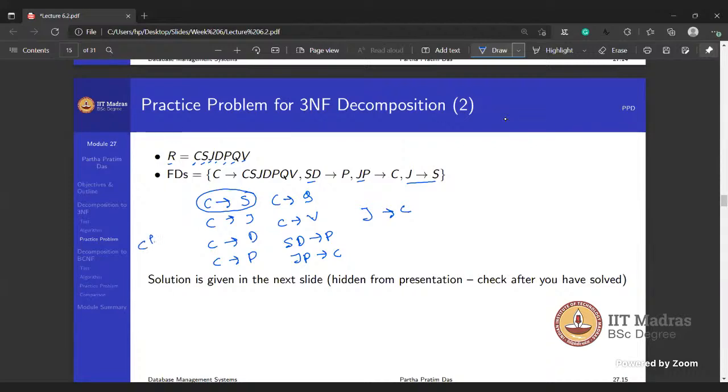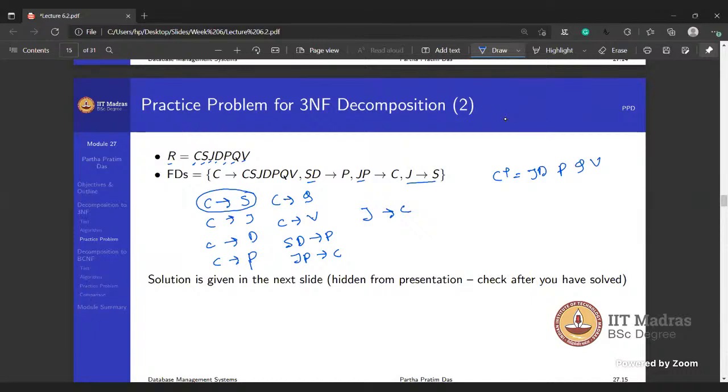So what will be the closure? C determines J, C determines D, C determines P, C determines Q, then V.